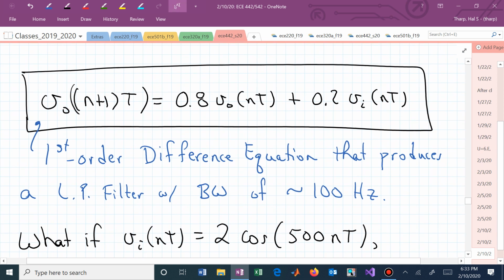So if somebody now gave you a sequence of inputs, a sequence of numbers, and they said low-pass filter it, you could now apply that difference equation to that sequence of numbers. What would you have to know, though, about that input string of numbers, that's the V sub I of NT?